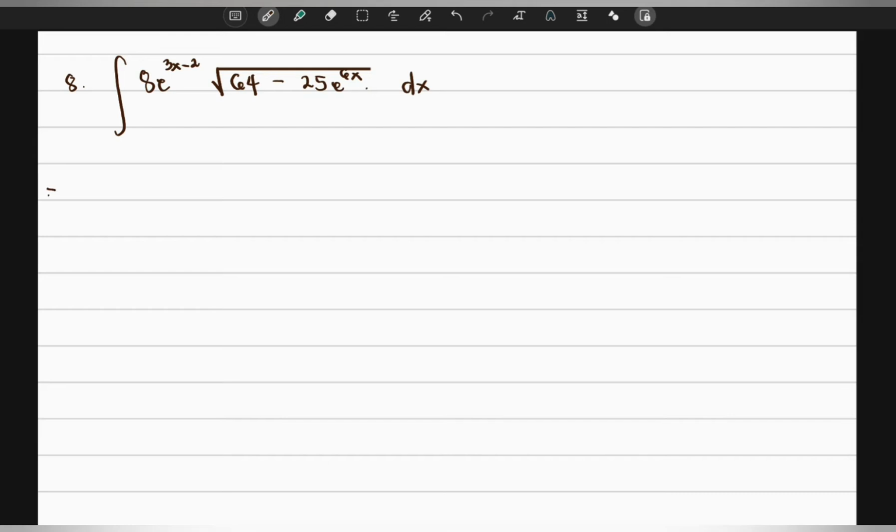Okay, so first things first, ilalabas natin yung 8. Tapos yung e raised to 3x minus 2, you know that from the law of exponent, a raised to m over a raised to n, provided that a raised to n is not equal to 0, is a raised to m minus n. Okay. So, conversely, a raised to m minus n is equal to the quotient a raised to m over a raised to n.